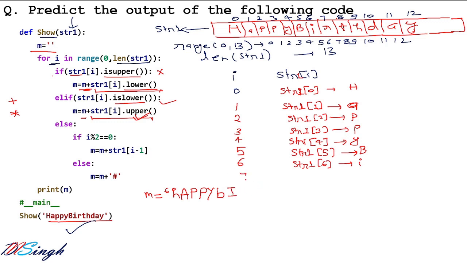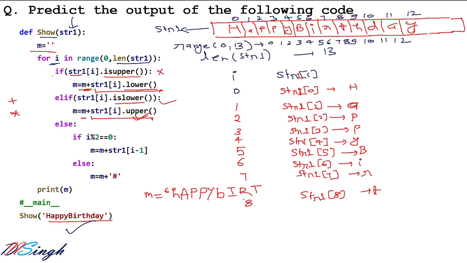The same way 7 will have str1 of 7, and here you have at index 7 r, that is also in lowercase, that will be converted into uppercase. Then the eighth one, str1 of 8, you will have t, that is in small case, that will be converted into uppercase and added here.